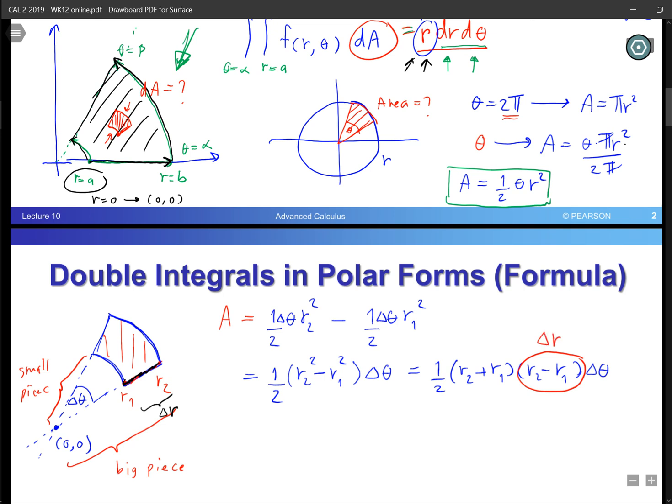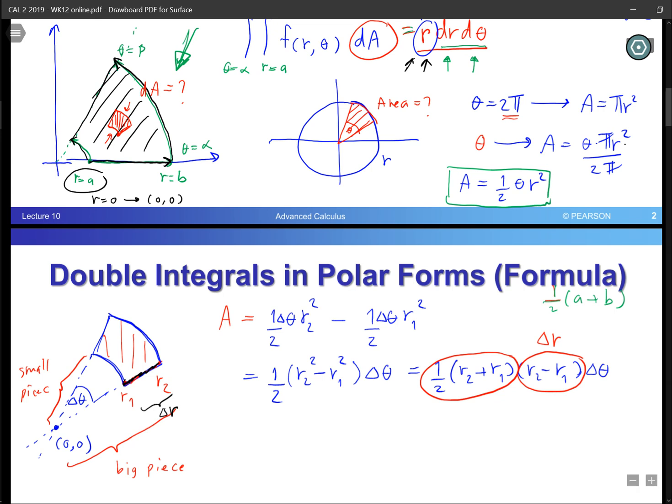Now let's take a look at this. 1 over 2 times r2 plus r1. What is that? Well, you can think of this: 1 over 2 times a plus b is the average value of a and b. In other words, this is the middle value between a and b.